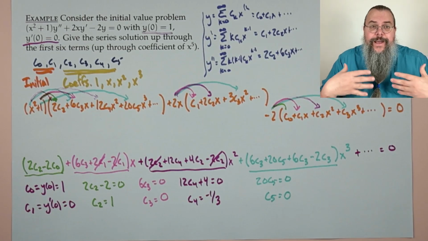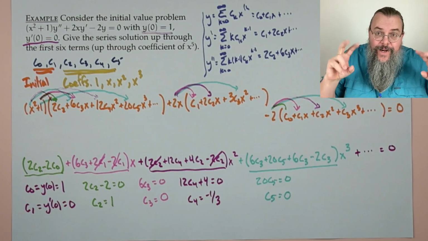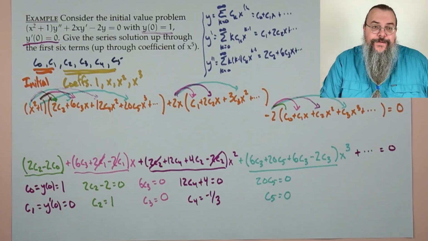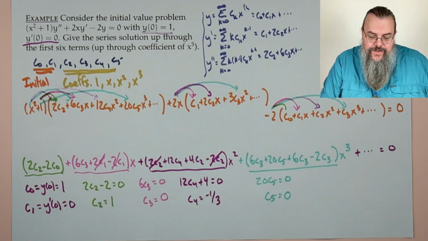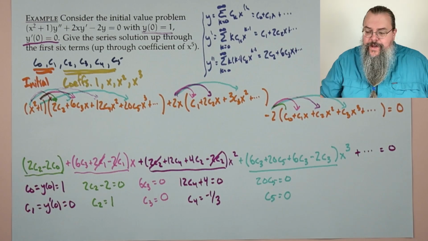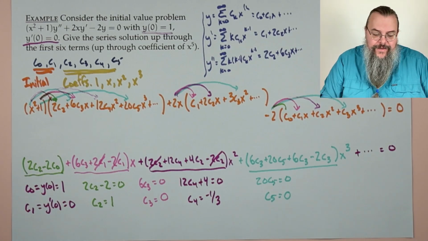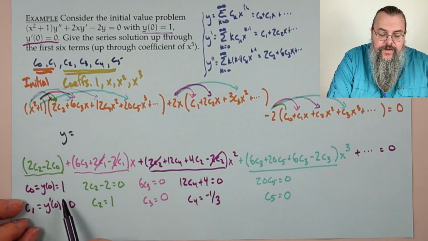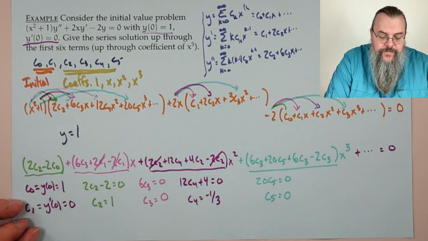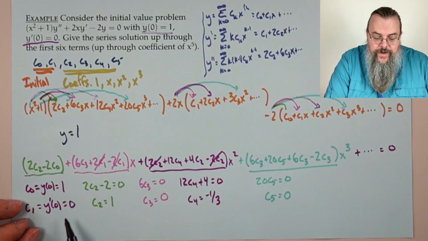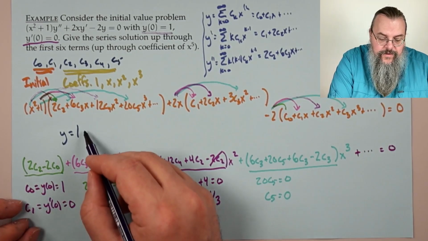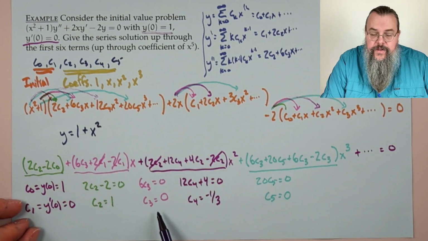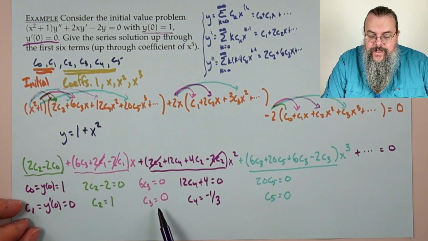Now, notice it didn't ask us to find the C's. It says give the series solution up through the first 6 terms. So what that means is we want to write down what the series starts as. We start with C0, which is 1. C1 is 0, so we won't write it. C2 is a 1, so plus x squared. Then C3 is 0, so we won't write that.